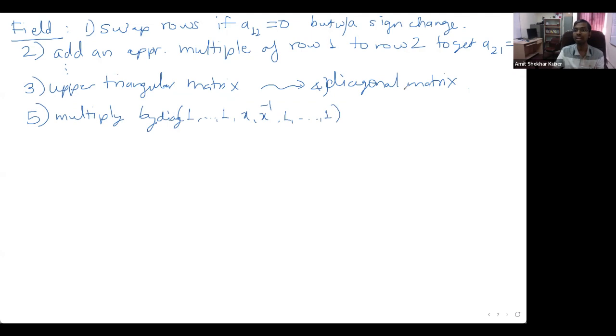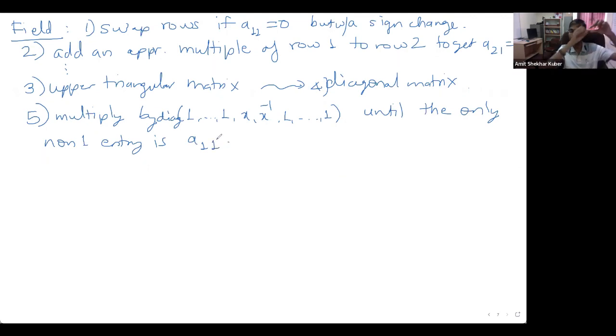And you repeat this until the only non-1 entry is A11.